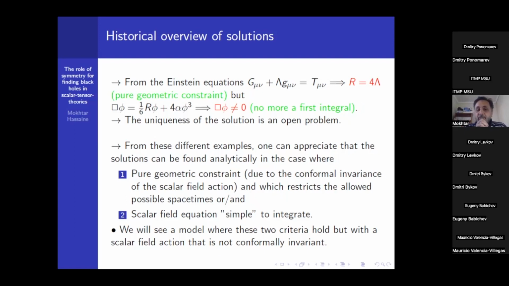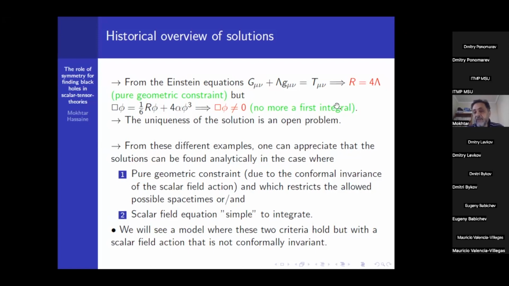But anyway, from these different examples, one can appreciate that the solutions that I have presented can be found practically in the case where there was a purely geometric constraint, due essentially to the conformal invariance of the scalar field action. This, in general, of course, restricts the allowed possible space-times.